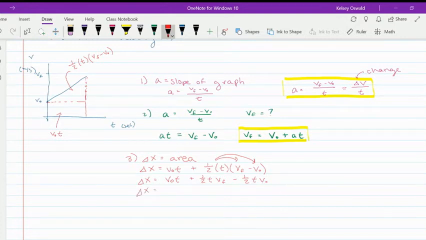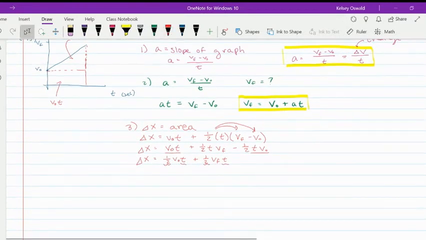So then if you combine like terms, we have an initial velocity times time here, initial velocity times time there. So we do 1 minus 1/2, and we're left with 1/2 initial velocity times time plus 1/2 final velocity times time. So what we can do here is we can see that we have a 1/2 t in both of these terms.